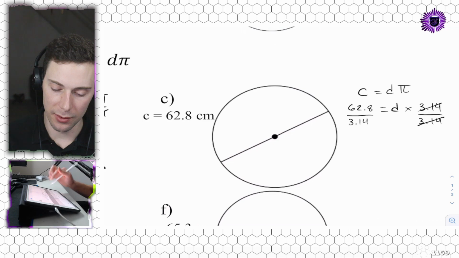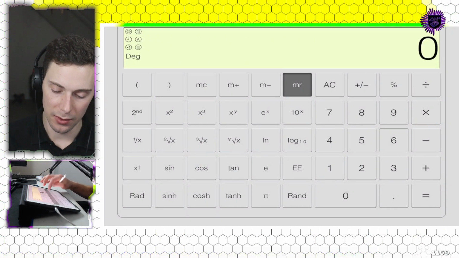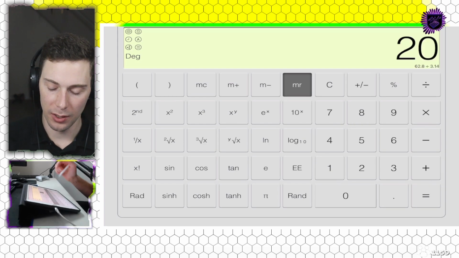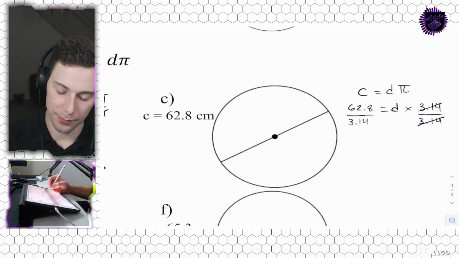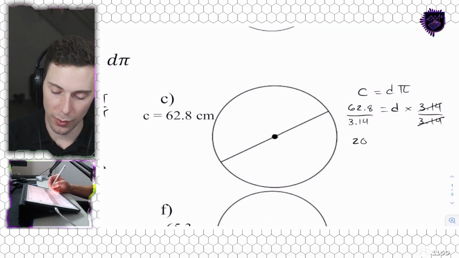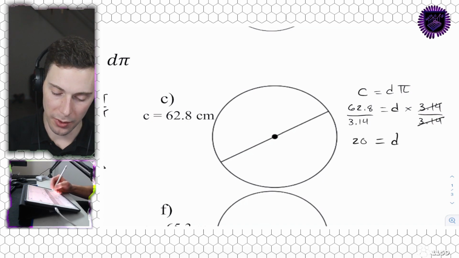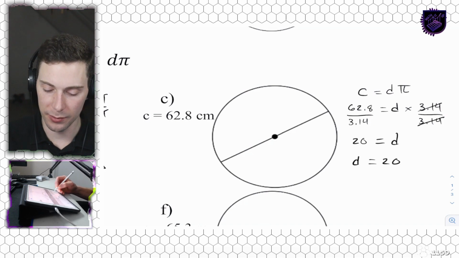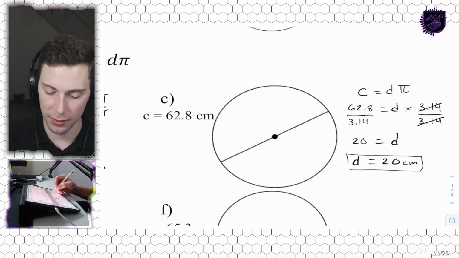And then we get our answer, 62.8 divided by 3.14 is equal to 20. So 20 is equal to D, or if we write it in its final form, diameter is equal to 20 centimeters. Final answer.